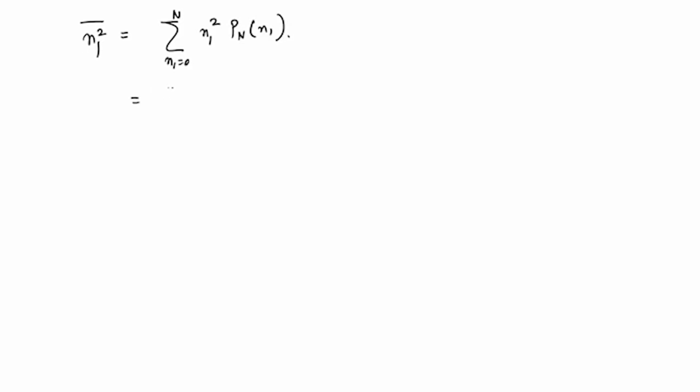And this is the same as the sum over n1 equal to 0 to n of n1 square times n factorial, well, let me write this as earlier. First, let me write the factors: n factorial over n1 factorial, (n minus n1) factorial, and n1 square, p to the power n1 and q to the power n minus n1.